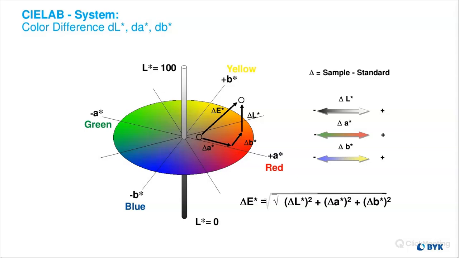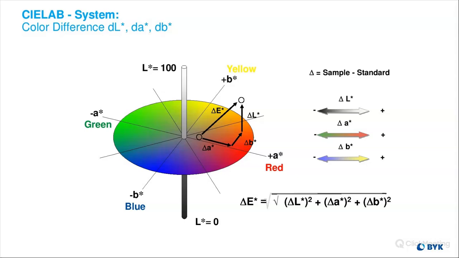So this is the simple equation for delta E star, one of the first color difference equations that was developed back in the 60s. What you're looking at, if you can imagine your sample, or let's say your standard being the circle closest to the L axis.